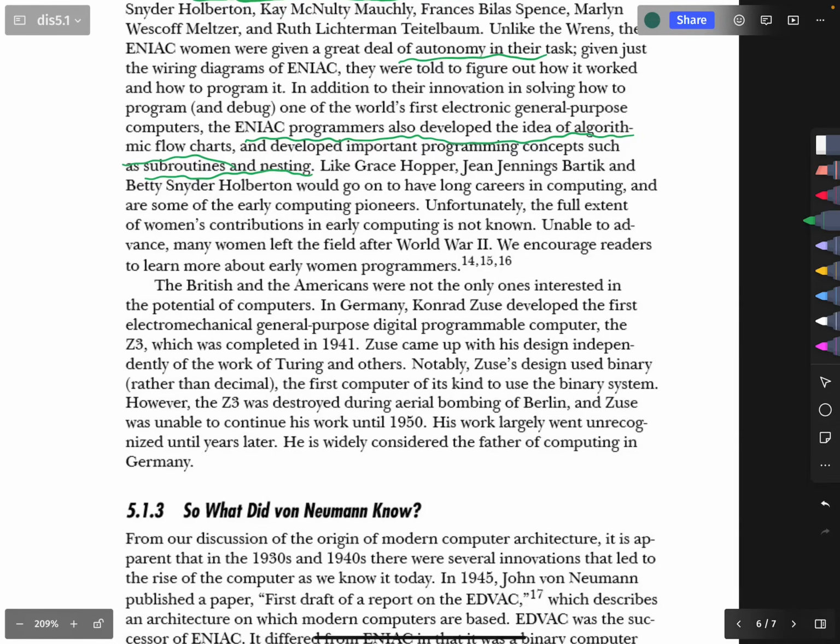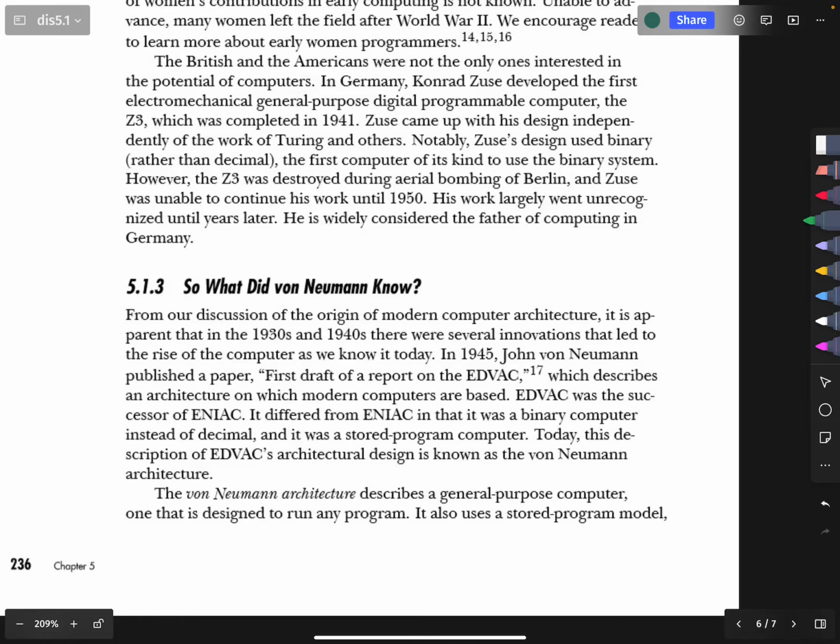Well, very foundational contributions. Okay, so I guess von Neumann's earliest innovative idea that we could identify was in a first draft of a report on the EDVAC, which was an update to the ENIAC. It was binary instead of decimal.